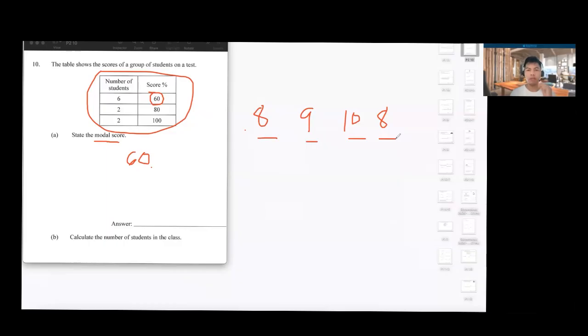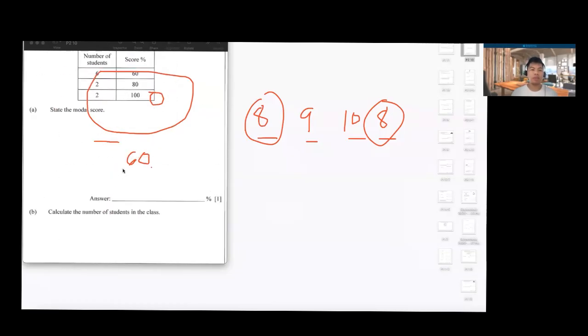What's the mode score? 8. Yeah, that's right, because that's the score where most of the students get. So yeah, 8.